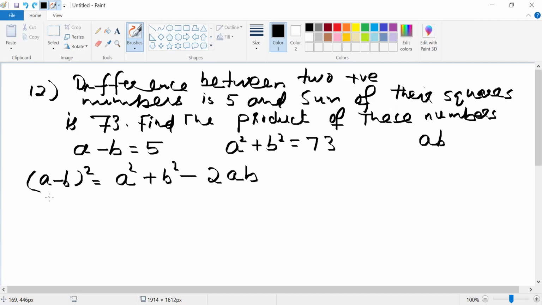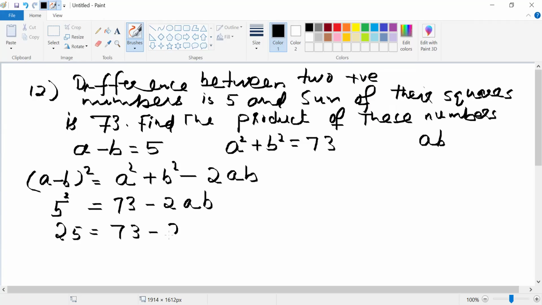Clear? So let us put A minus B as 5. So 5 square equal to A square plus B square, which is 73. So substitute 73 there, minus 2AB. Okay, so 25 equals 73 minus 2AB.